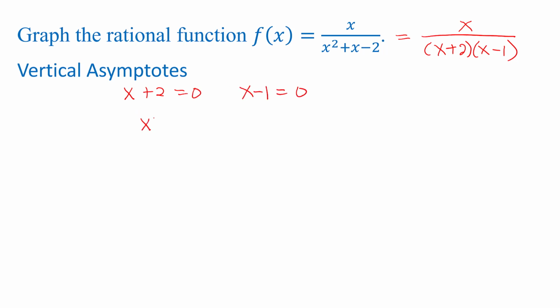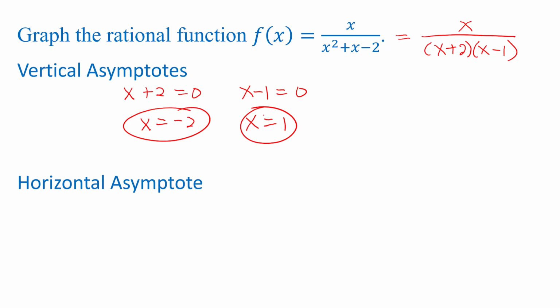And we get vertical asymptotes of x equals negative 2 and x equals 1. For horizontal asymptotes, we look at the degree of the numerator, which is 1, and the degree of the denominator, which is 2. If the degree of the numerator is less than the degree of the denominator, as it is here, the horizontal asymptote is y equals 0.